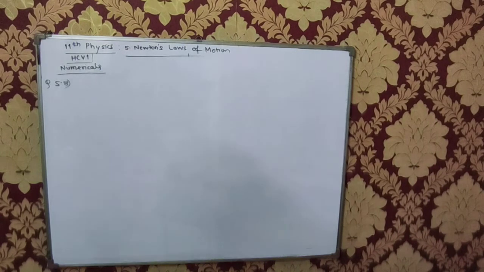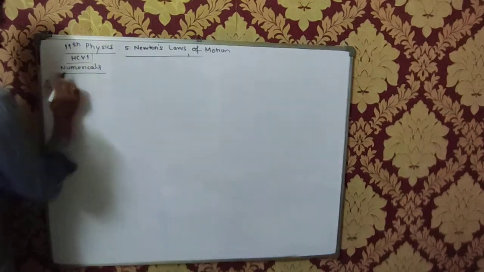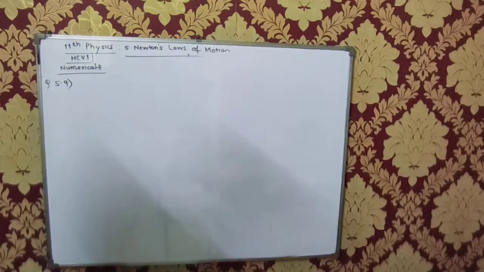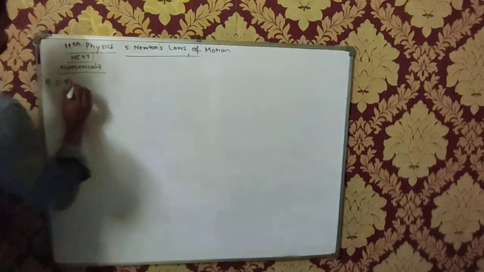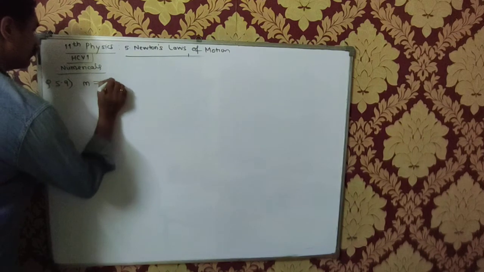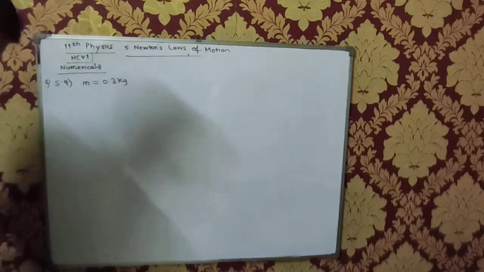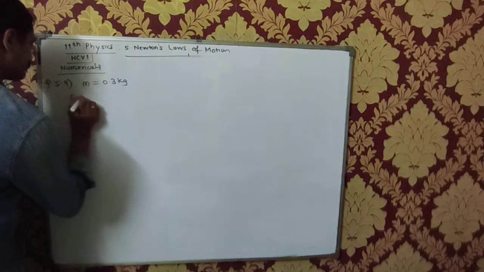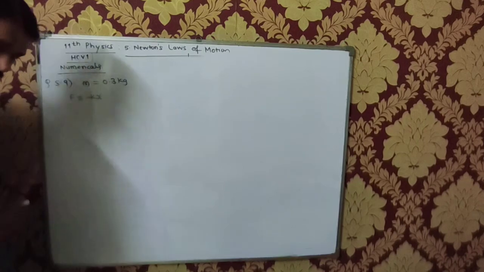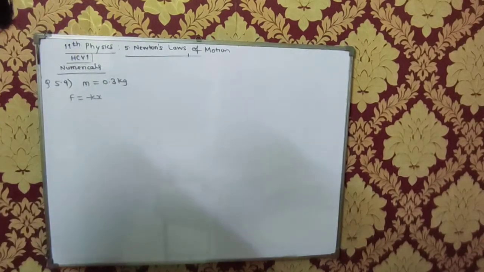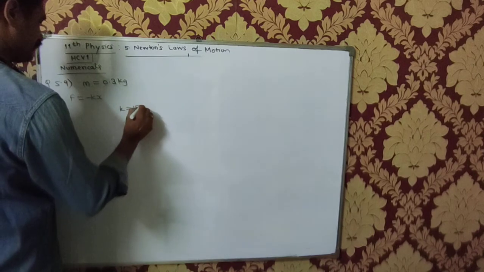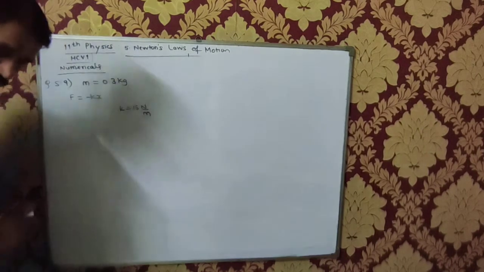Question number 5.1. A particle of mass 0.3 kg is subjected to a force F is equal to minus kx, with K equal to 15 Newton per meter.